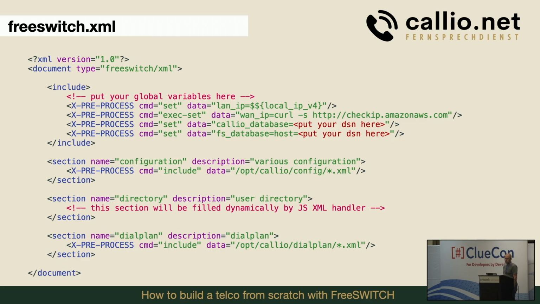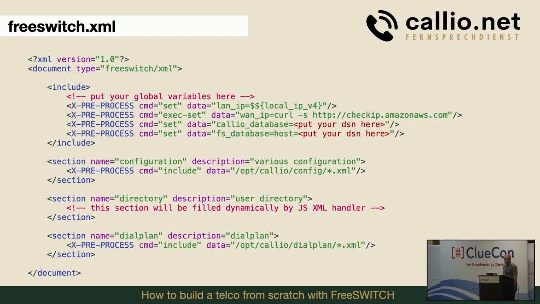So in the first part we have some global variables like IP addresses and database DSNs. In the wild, it's much longer, of course. And we have the 3 configuration sections here.